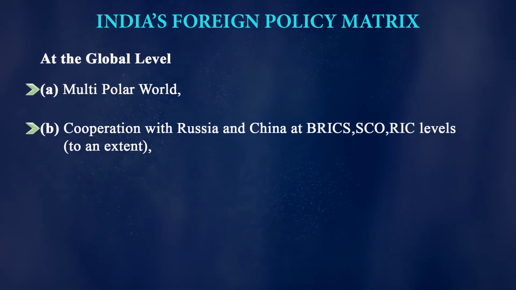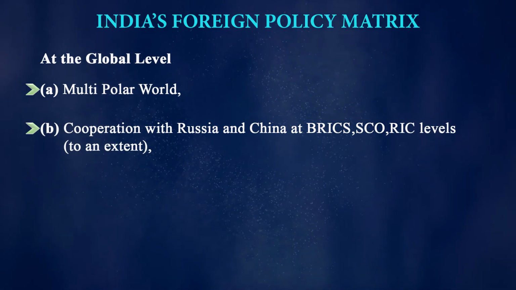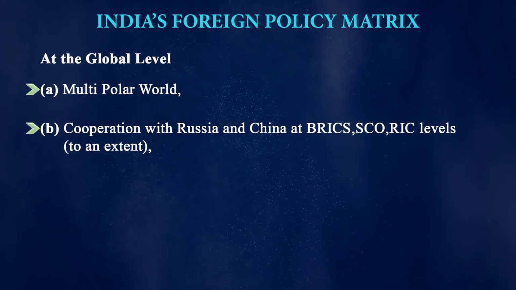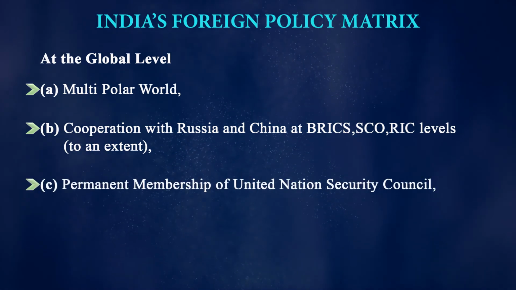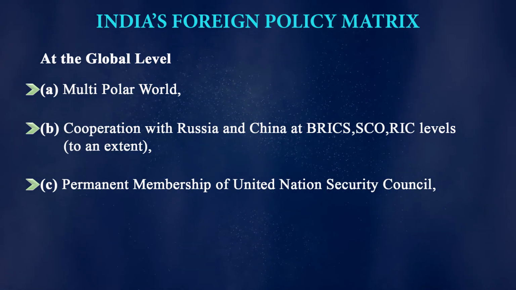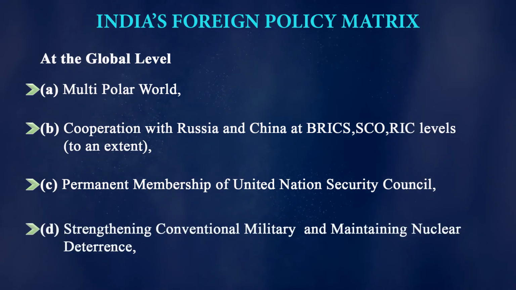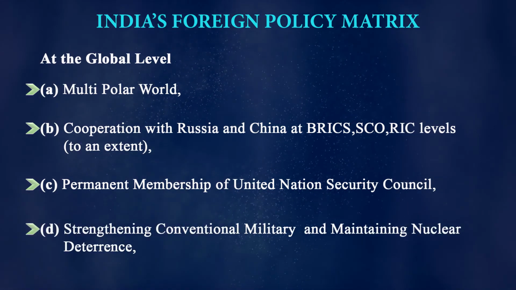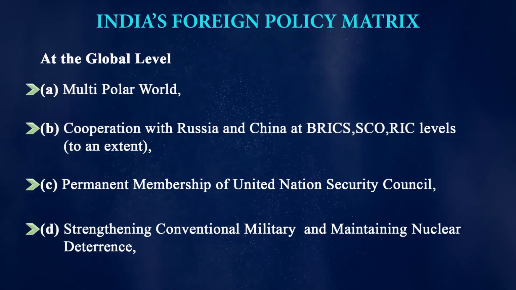Now the Chinese thing has taken a back seat, but at the institutional level, at BRICS, SCO and RIC level, there will be cooperation. India's claim to permanent membership of the Security Council is one of the major metrics of India's foreign policy objective. Then strengthening the conventional military and maintaining nuclear deterrence is one of the metrics at the global level, right?